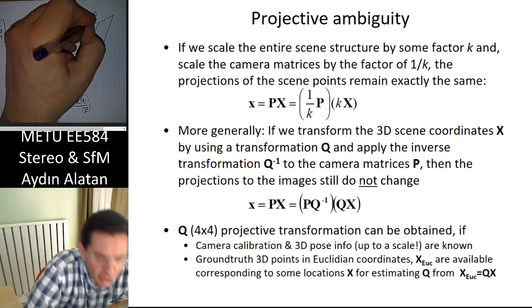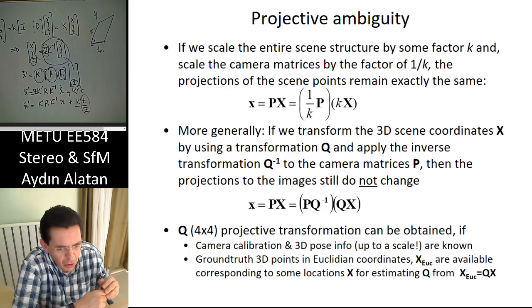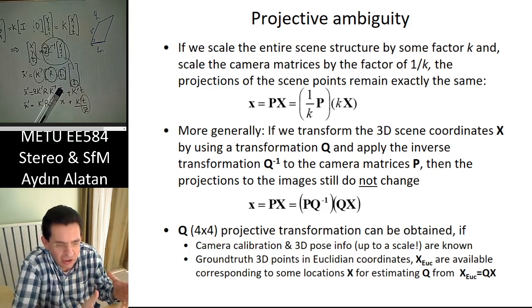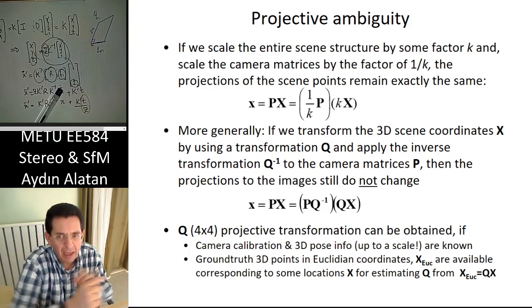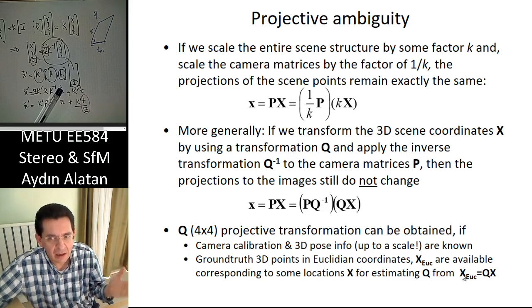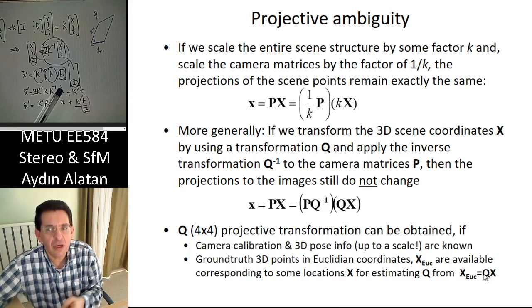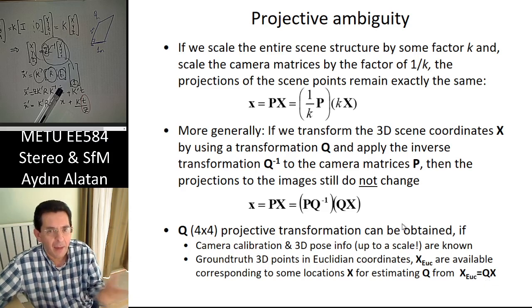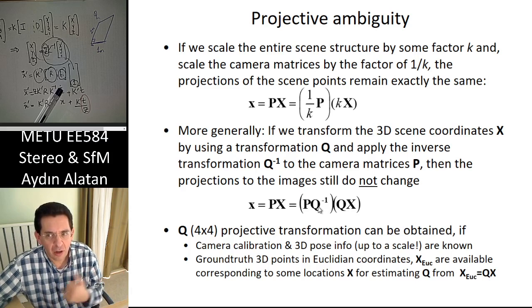Then you look for a Q, so that this kind of projective reconstruction will be corrected by a Q matrix. Okay, these are the Euclidean coordinates. Maybe you know a priori. In practice, not necessarily. But if you know it, then you can obtain a Q matrix. Therefore, you come here, you solve your result, then you look for your Q matrix and multiply Q here, Q inverse here, and you obtain your perfect results.